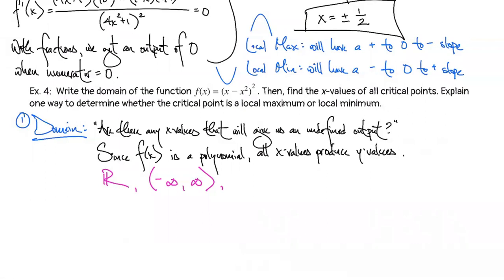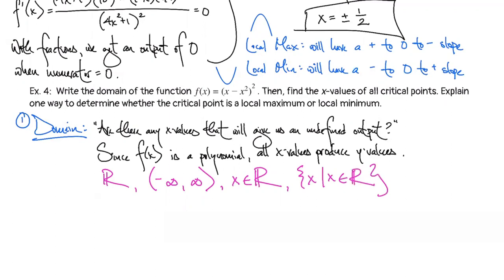You can say that x is an element of the real numbers, meaning x can be any real number. Or you can use that set notation that Matt had there, which is a curly brace, x such that x is an element of the real numbers.